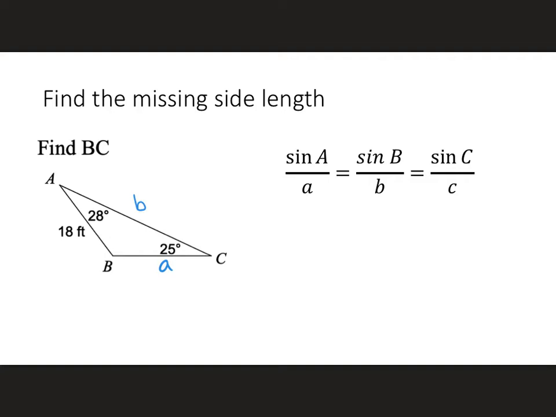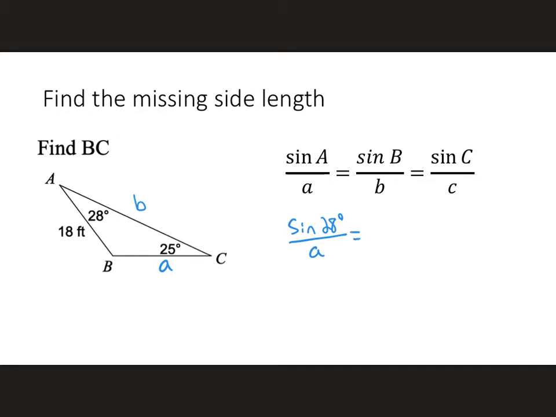We know a lot of information about this triangle, so let's fill out our law of sines as best we can with all the information given to us. So instead of sine A, we know that the measure of angle A is 28 degrees. And side a is unknown, so we'll just put an a there.